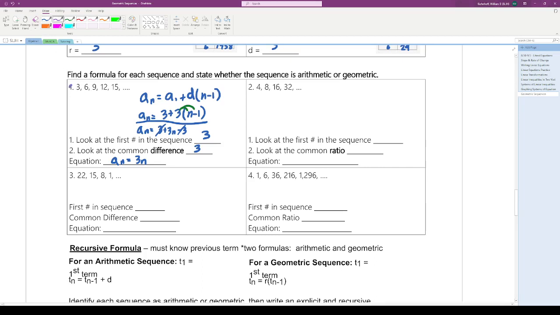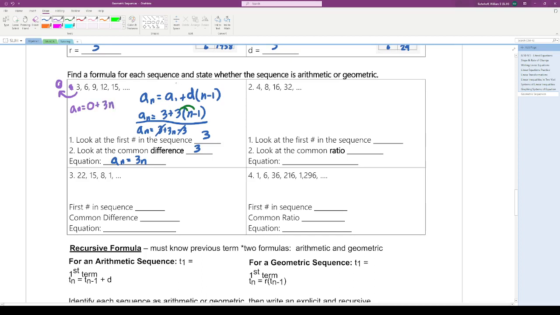So let me cover over this one here. Our sequence starts at 3, and if we wanted to go to the 0th term, so go back 1 term, we would be subtracting 3, and that would be term value of 0. So term 0 has a value of 0 here, meaning our formula would be an equals 0 plus our common difference times n.